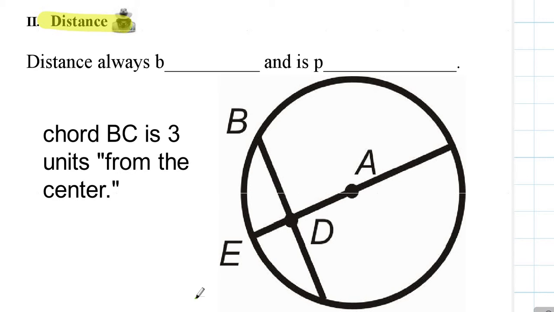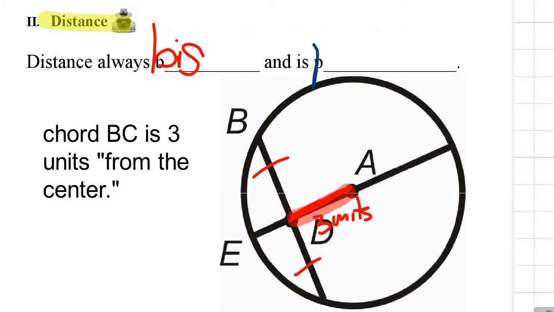Okay, distance in a chord is actually this segment right there. So this would be 3 units. And this segment has 2 qualities. 1, it's going to bisect the chord. 2, it's going to be perpendicular.